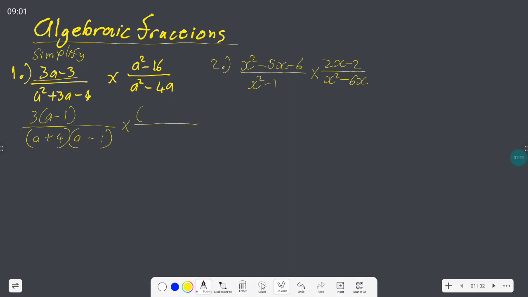I've got A minus 4 and A plus 4. And then at the bottom, what can I do? That's an A, sorry. It's not a 49, it's A. I can take out a common factor of A.